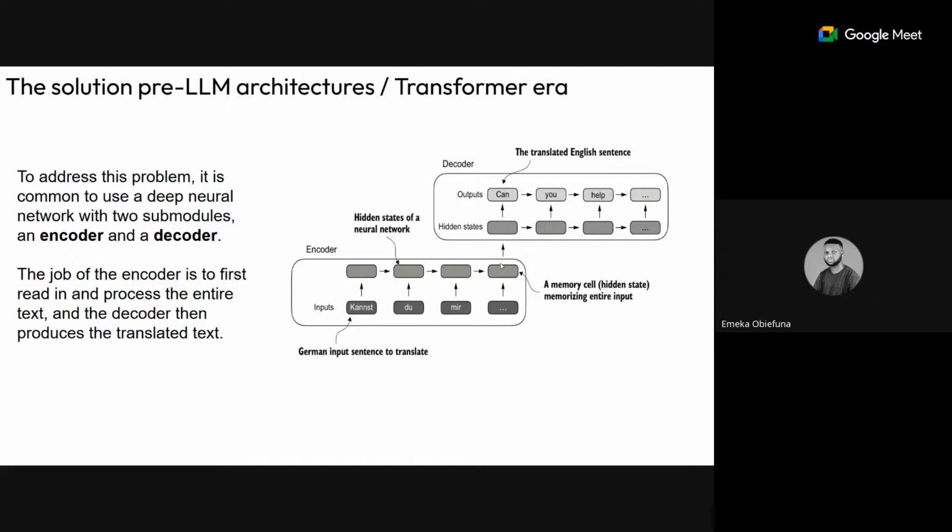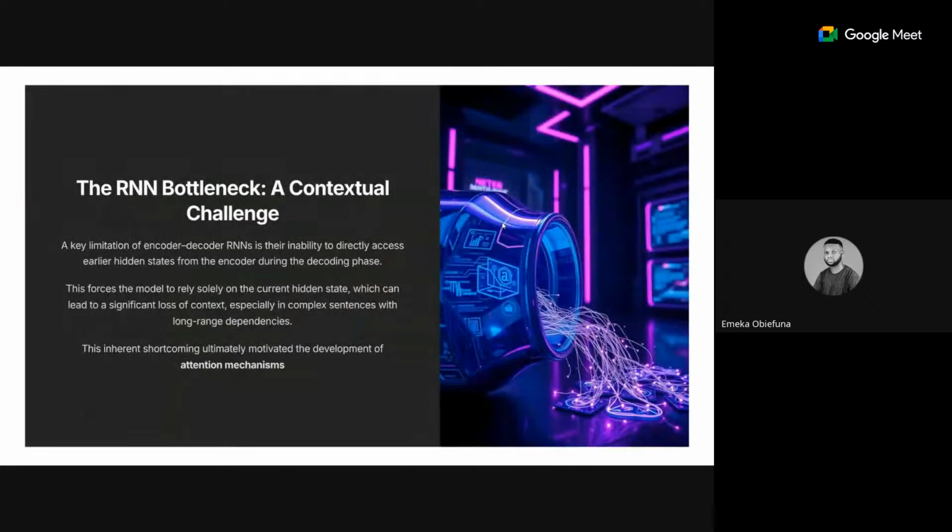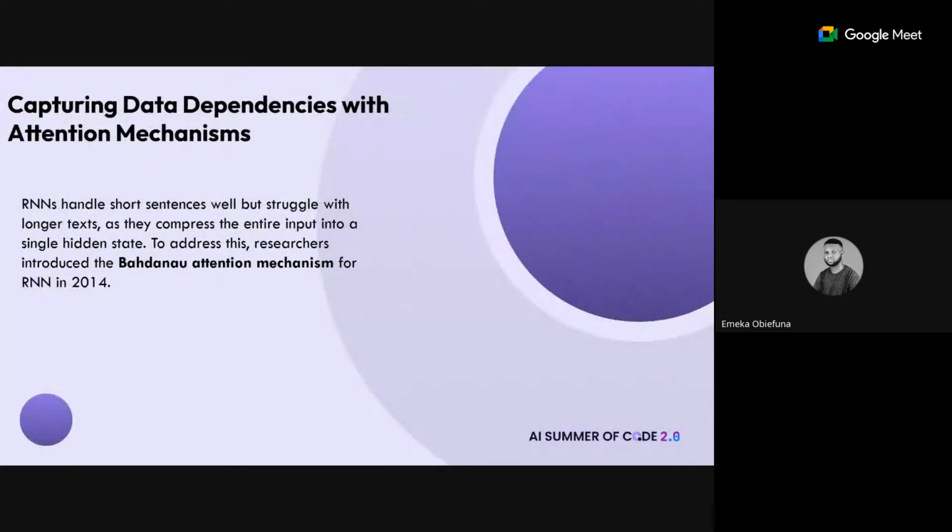It doesn't have access to every hidden state that has gone past the memory cell. So that's the reason why when you are trying to use your RNN for long sequence translation, it's going to get to a point where it starts forgetting what it has remembered, which is going to lead to a subpar performance.